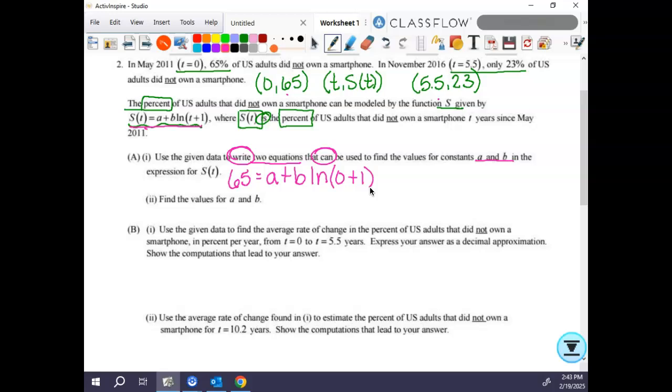Then I write the next one, S of t, which will be 23. 23 equals A plus B, which I don't know, times the natural log of 5.5 plus 1. I wrote them. That's all I do.